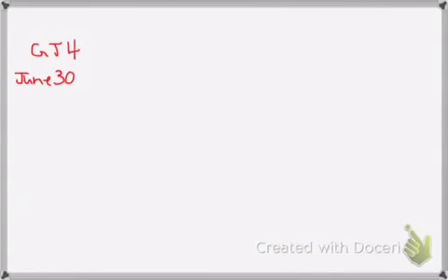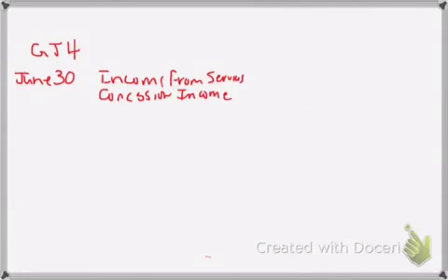We'll have the income from services as our account, and the other account we have is concession income. We will close this to that income summary account, that new account that we have to look at.